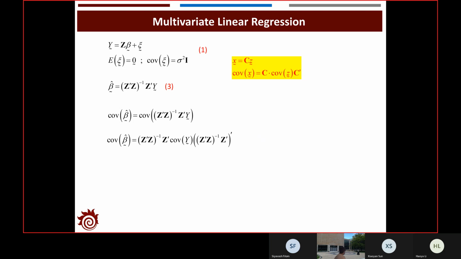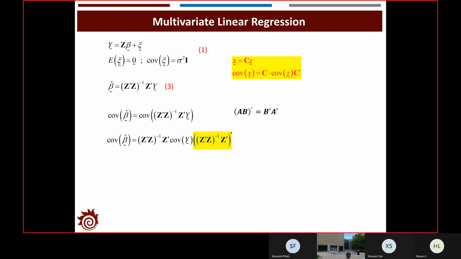And now, if we want to find out the actual values of the covariance of beta hat, you need to know the value of the covariance of Y. So we know Y equals Z times beta plus epsilon. Z and beta are constant values for the entire population. So we can consider that the covariance of Y is just the covariance of epsilon.